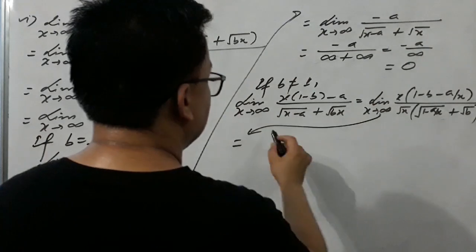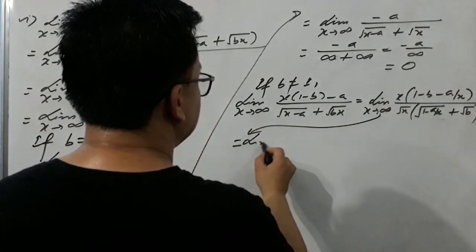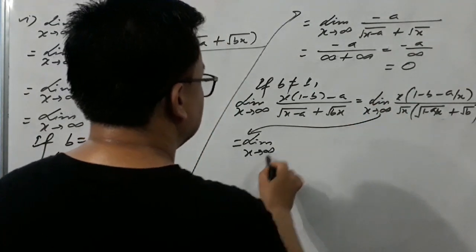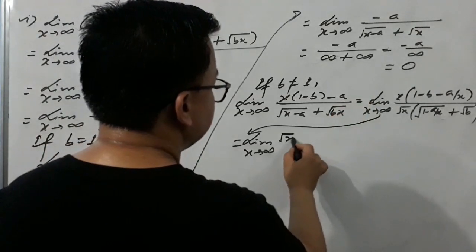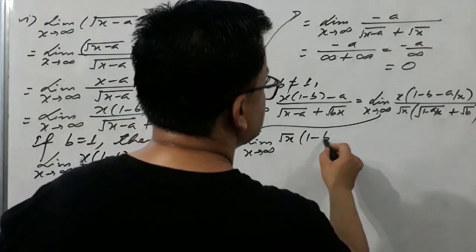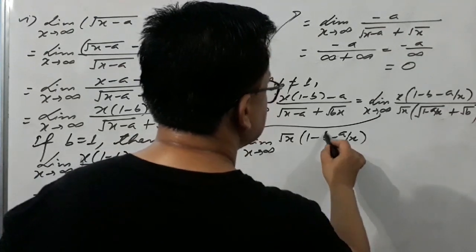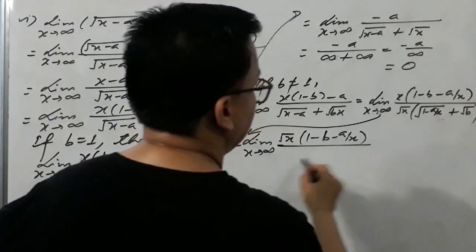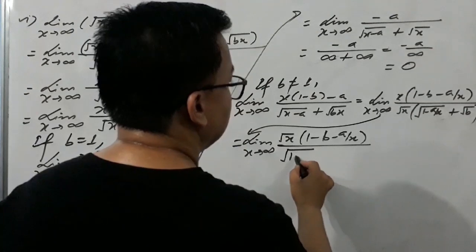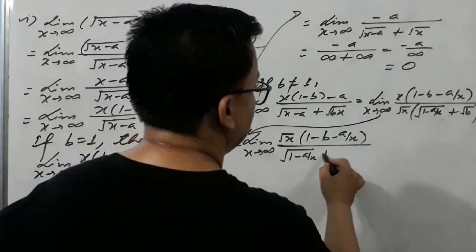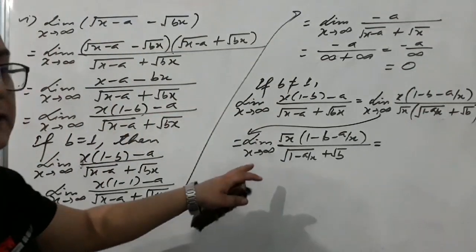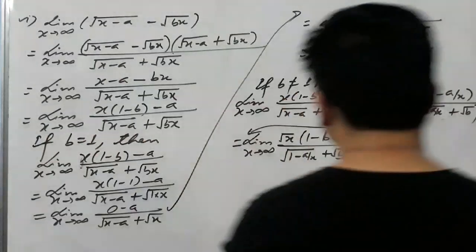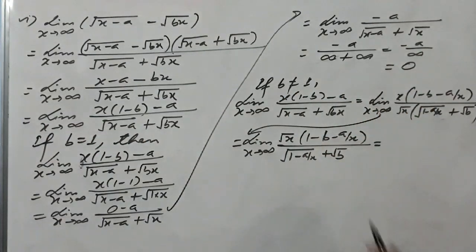This is equal to x upon root x, as I have done already in one question, as x tends to infinity, x upon root x, times (1 minus b) minus a over x, over root of 1 minus a over x plus root b. Here we get infinity. This is not an indeterminate form.